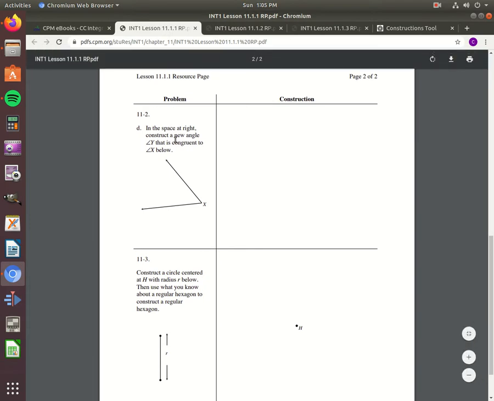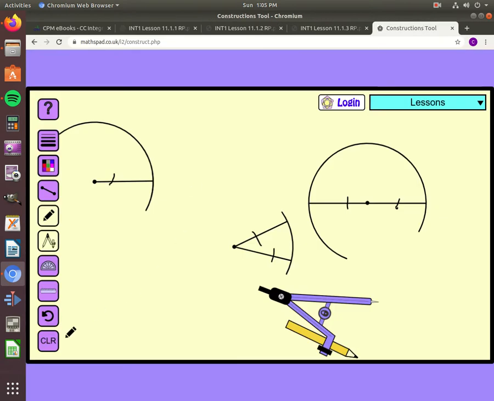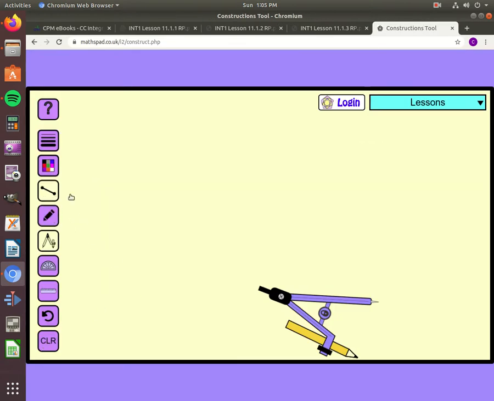So in the space at right, construct a new angle that is congruent to this angle. Again, it doesn't really matter what the angle that I start with is. What matters is that when I make the angle over here, I copy it. So what I'm going to do, again, using congruent triangles, is make a length. I just need a straight line to start with.